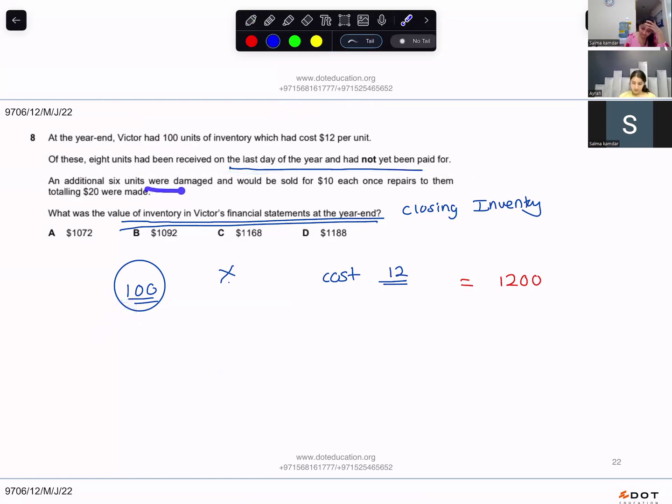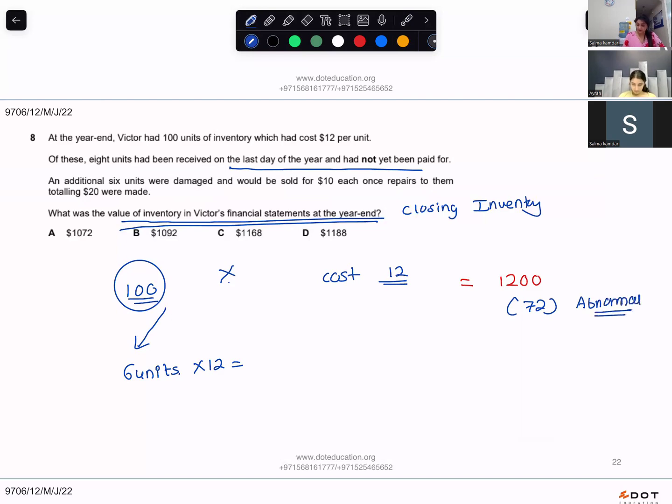An additional 6 units were damaged and would be sold for $10 each once repairs to them, totaling $20, were made. Out of this, how many units were damaged? 6 units were damaged. So I will remove 6 units into 12, so I will remove 72, the abnormal units, from this.